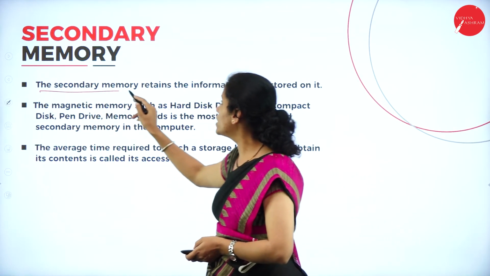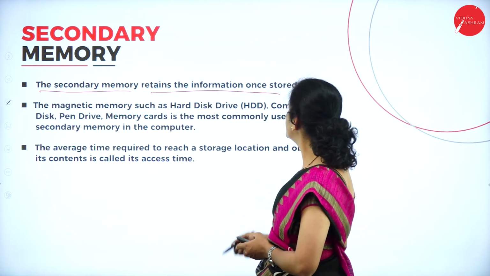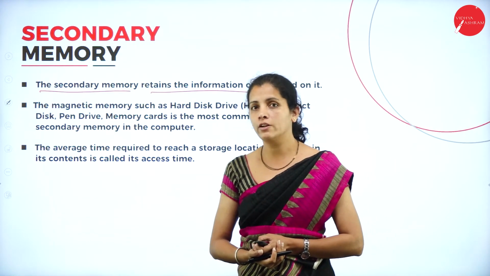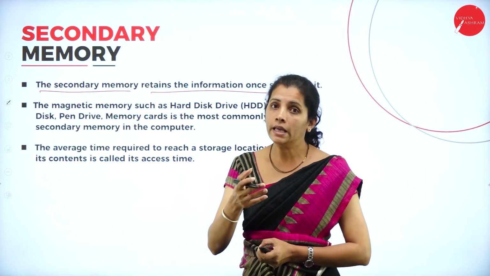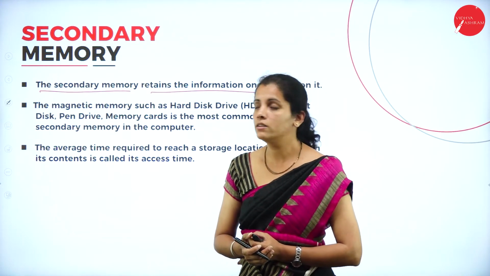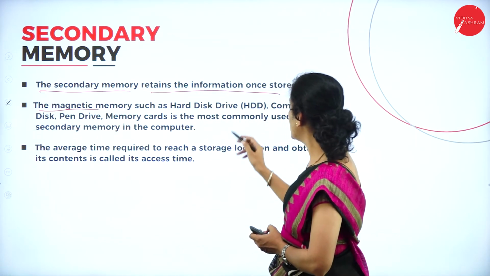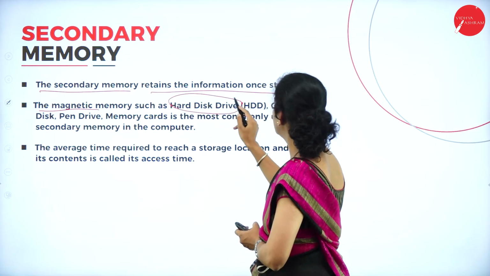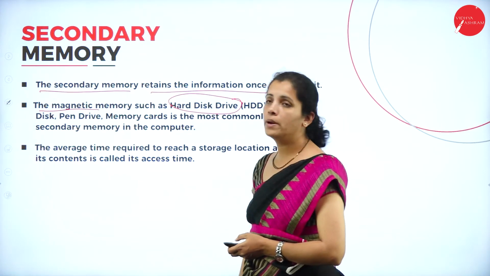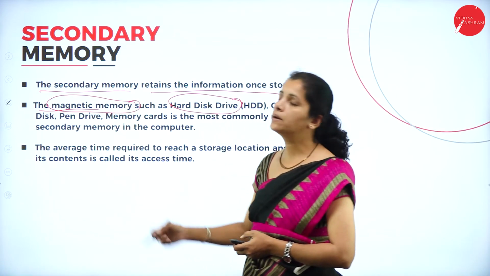The secondary storage or secondary memory retains the information once stored on it. So, whatever data or information I store in the secondary storage device stays for a longer time. The best examples are the hard disk drive, compact disk drive, pen drive, memory cards, etc. For that reason, it is called magnetic memory.